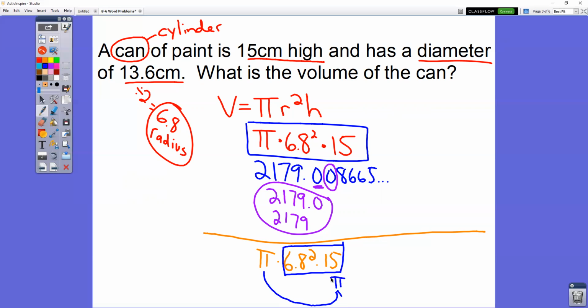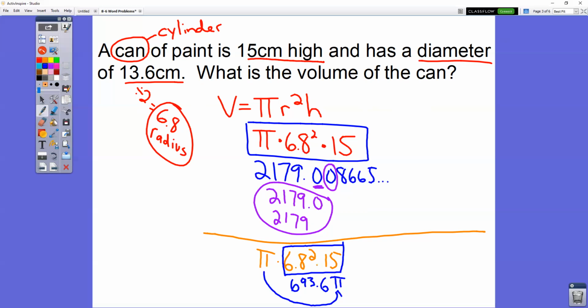So 6.8 squared times 15 gives you 693.6. Remember, you do not round. That's what you actually got on the calculator. When the questions are leave your answer in terms of pi, you do not round them. If you get a big, long decimal answer, you just put that big, long decimal answer in front of pi. You only round in the questions that say to round. So our answer would be 693.6 pi.